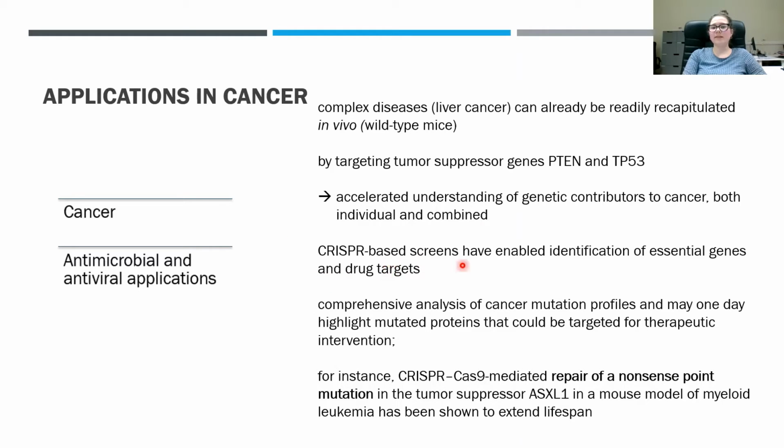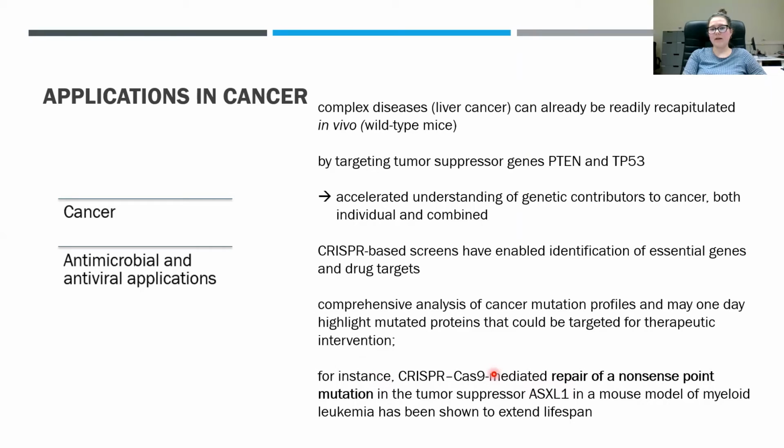CRISPR-based screens have enabled identification of essential genes and drug targets, and the CRISPR system allowed us to do comprehensive analysis of cancer mutation profiles, and may one day highlight mutated proteins that could be targeted for therapeutic intervention.